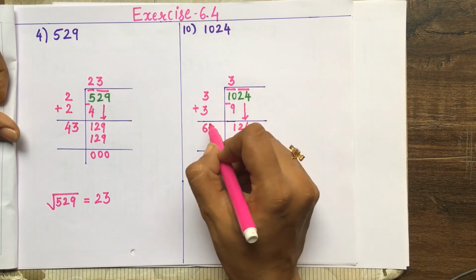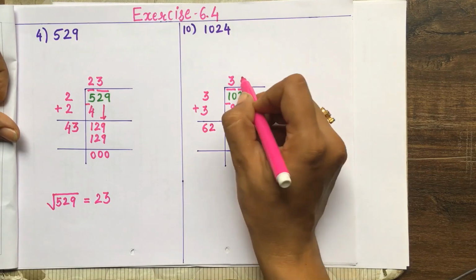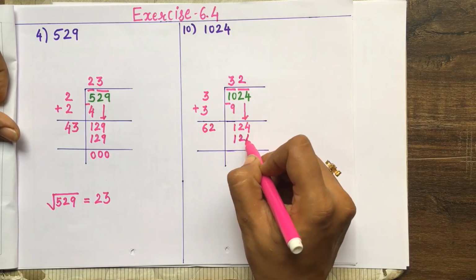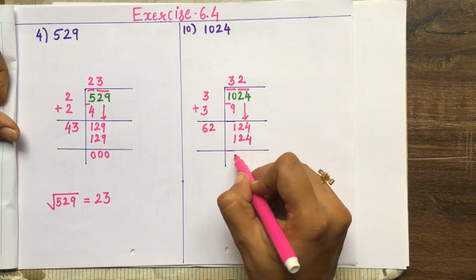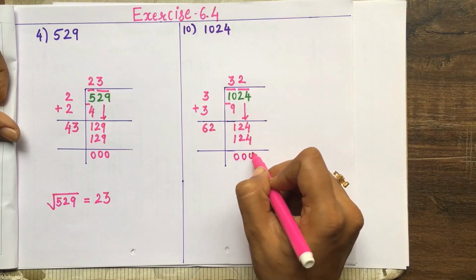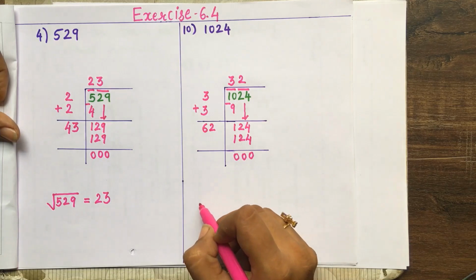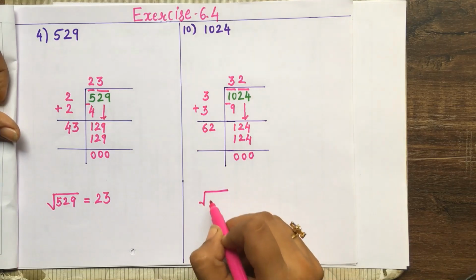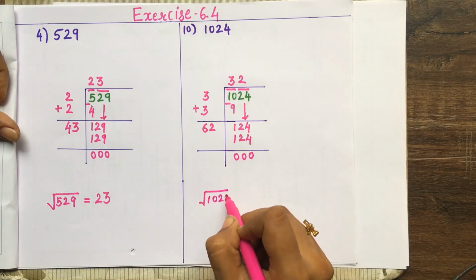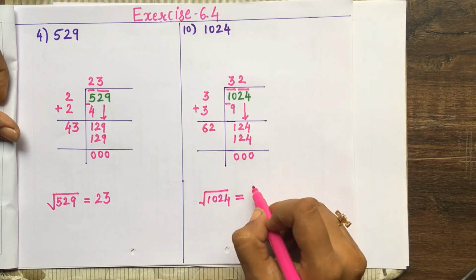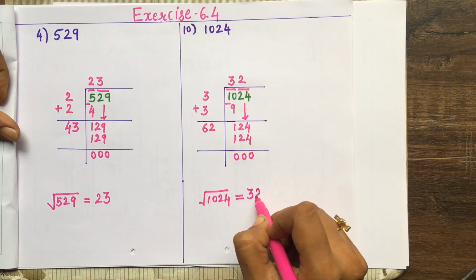So we know that 62 2s are 124. So the remainder will be 0, and our answer, that is square root of 1024, is equal to 32.